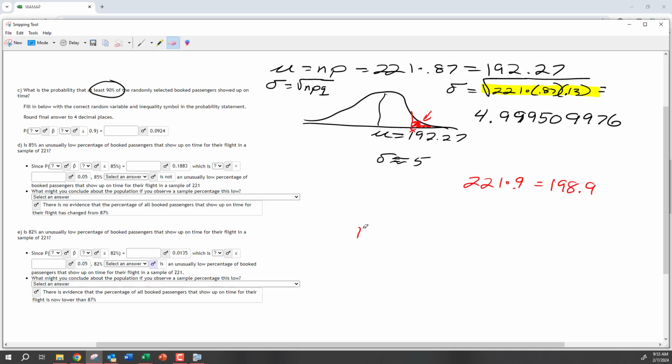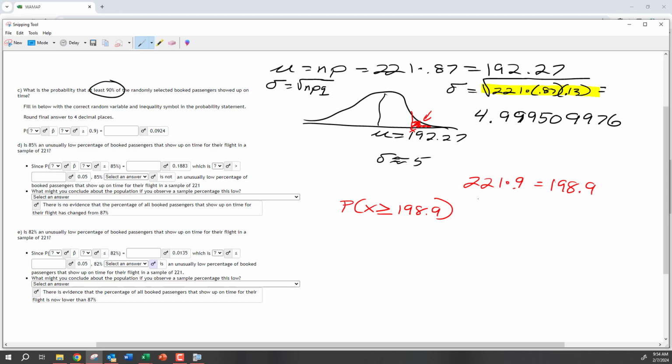Okay, so now we know that we're basically asking the question, what is the probability that x, our random variable, is greater than or equal to 198.9 on our normal curve, where we have an average of 192.27 and a standard deviation of 5.